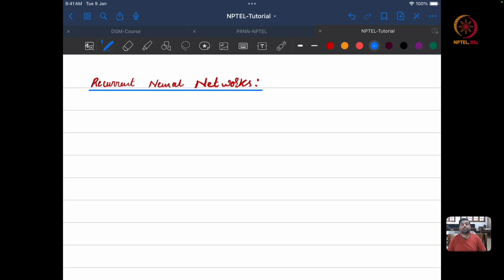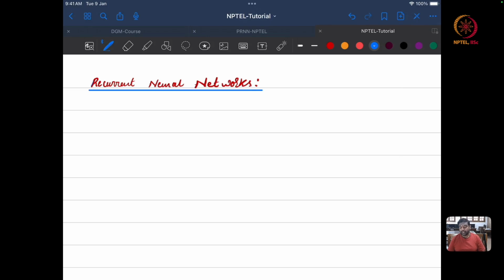The aim of this tutorial is to understand these different cells, RNN cells, LSTM cells and GRU cells, and then put them together and come up with deep networks using RNNs, LSTMs, and GRUs. Most of our discussion here will be for a classification task, but the same thing can be extended for a sequence to sequence mapping as well.